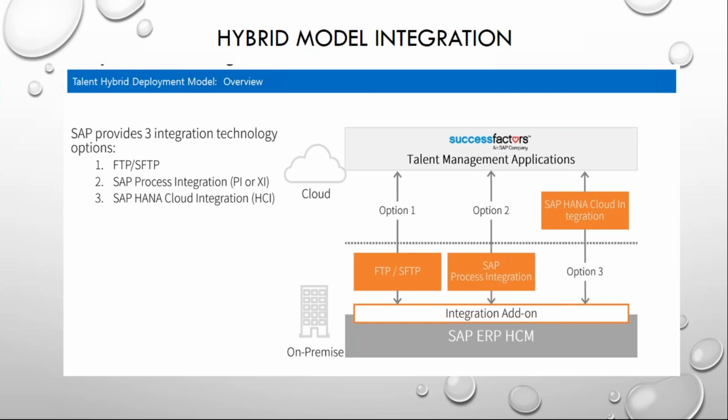That's possible through SAP HANA Cloud integration. These are the different hybrid models of integration given by SAP SuccessFactors when you have two systems in place, which is how the system structure is created. So this is about the integration part and what all could be done.